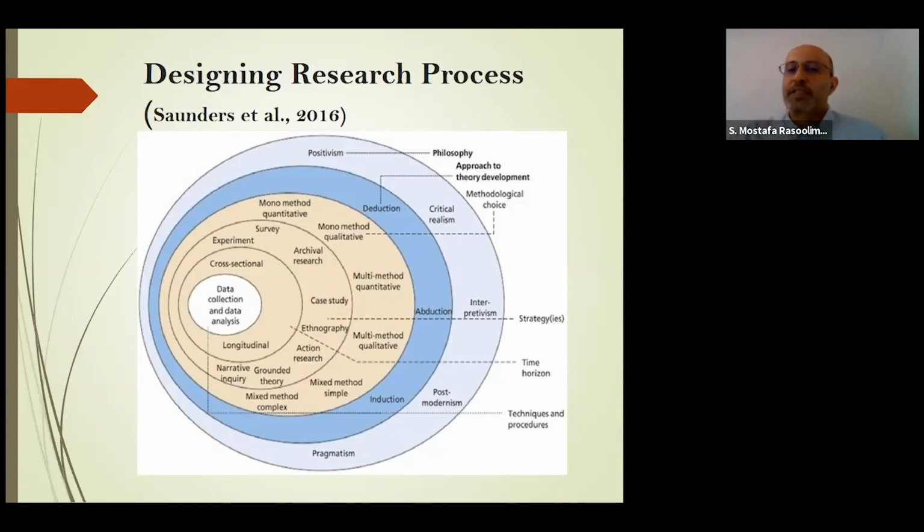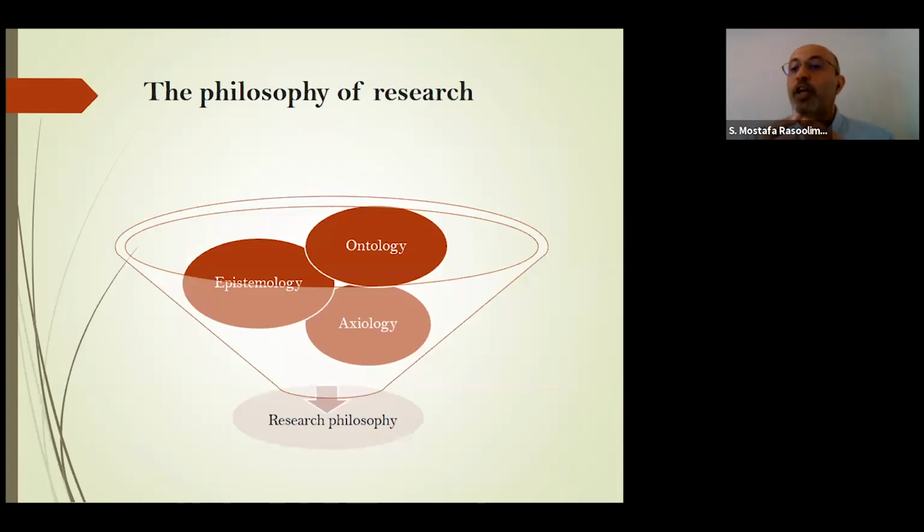But what is the meaning of research paradigm? Research paradigm is identified based on answers to three main questions. These three main questions show our ontological perspective, epistemological perspective, and axiological perspective. So these three questions are from these three perspectives: ontology, epistemology, and axiology.